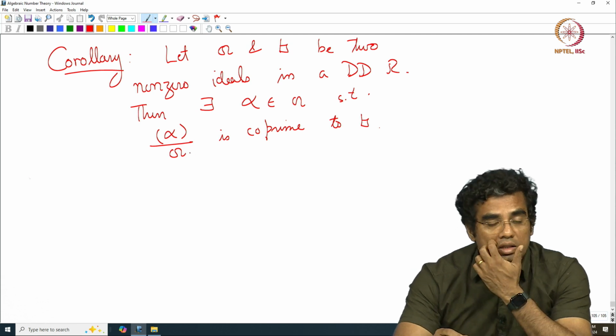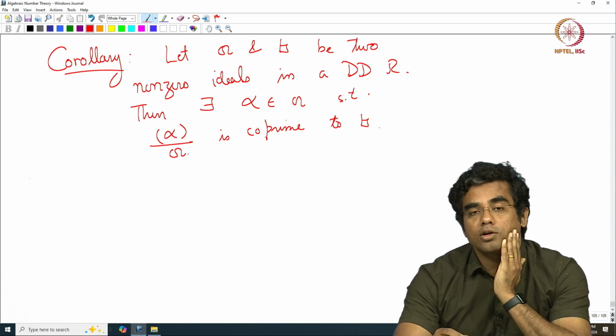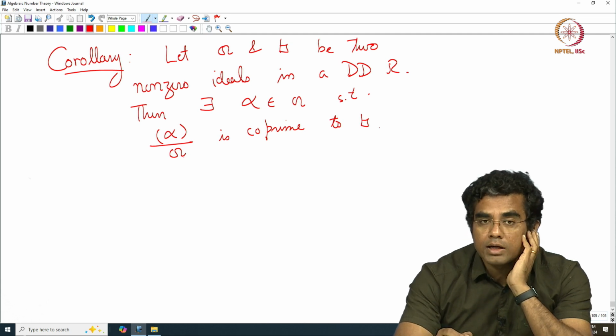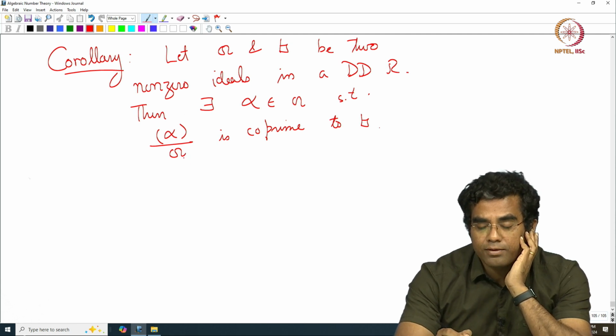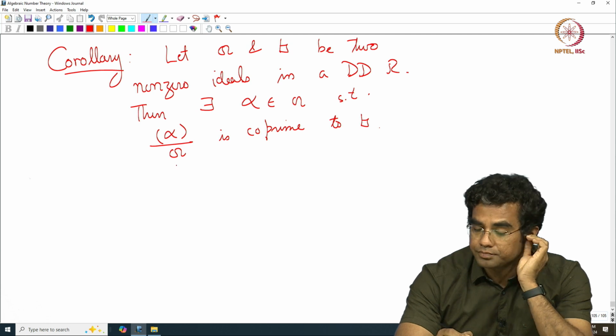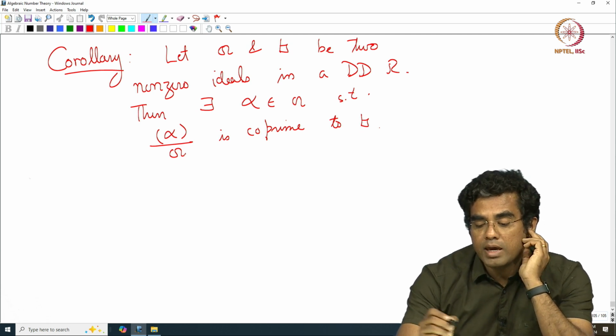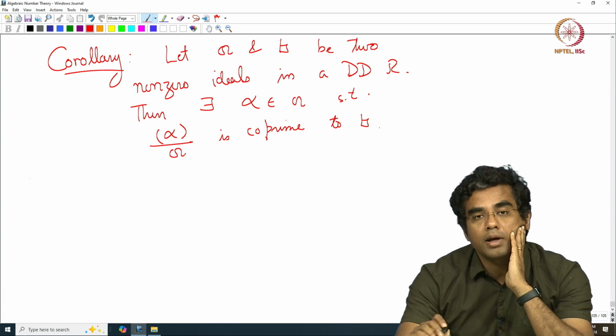So, you write the ideal generated by alpha as a product of prime ideals, and because alpha is contained in A, this alpha by A is an integral ideal, and I can always find an alpha such that alpha by A is coprime to B, does not matter what B is.